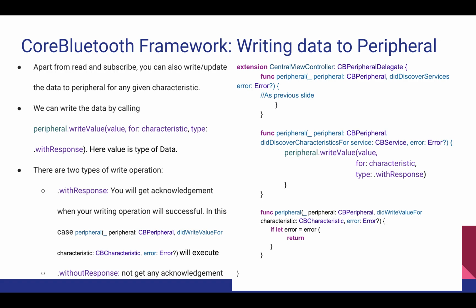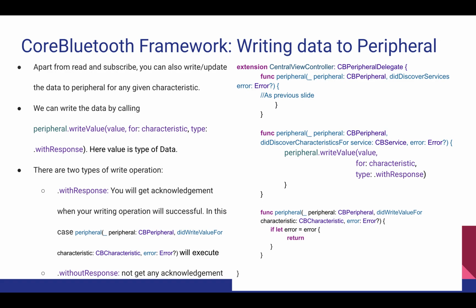Like in the client-server architecture, the client can write the data on the server by using the put and post methods. So here also the central can update or write the value in the peripheral by using this approach which we are explaining here, right?